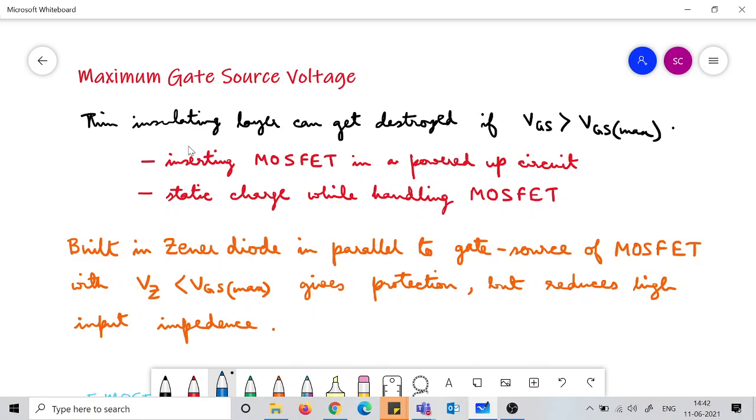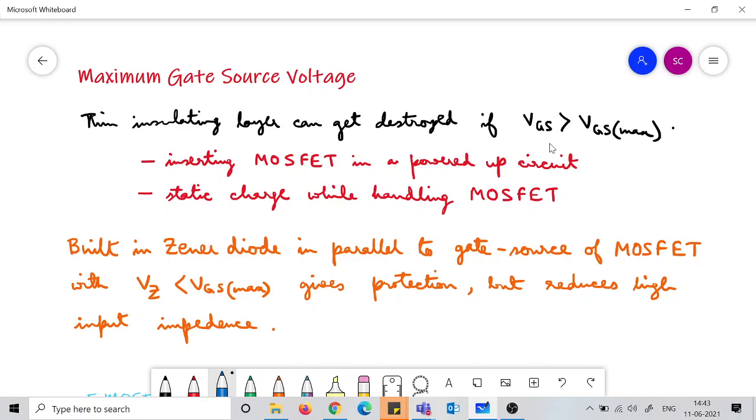So we must ensure that we are not destroying the insulation. We have to ensure that we are supplying only voltages which are less than this maximum gate source voltage, and this VGS max is specified by the manufacturer in the data sheet.